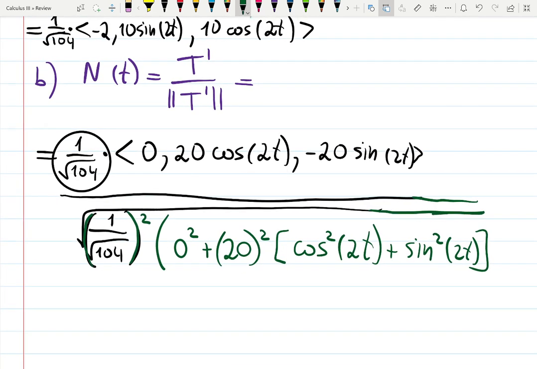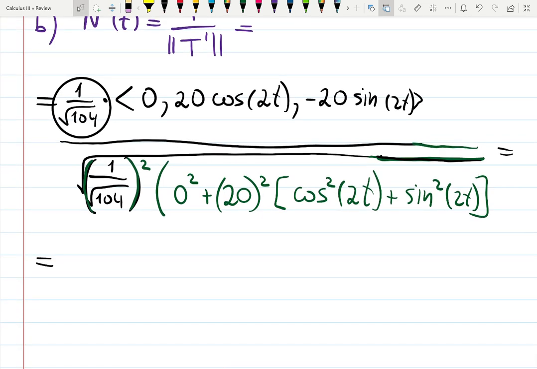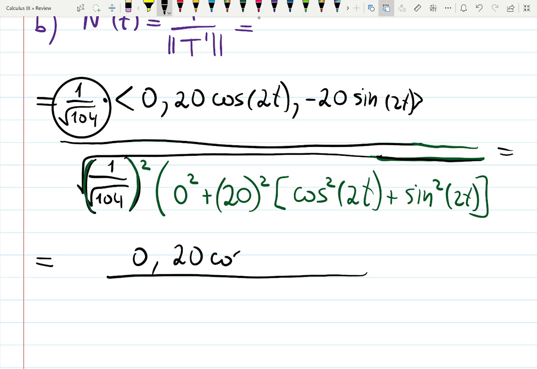So this is how it looks. Let's see if it makes sense at the end and matches the answer I have in front of me. So it's going to be a vector 0, 20 cosine of 2t, minus 20 sine of 2t.